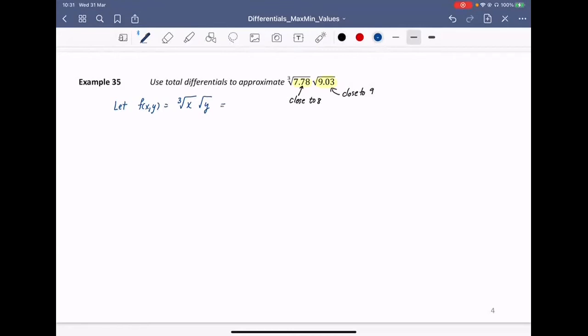What I like is to say this is x to the 1/3 and y to the 1/2, because it makes the world easier for me to see this way. I don't want to see cube root or square root; it makes me confused. So you can see this is what you want: we want to compute f(7.78, 9.03), right?